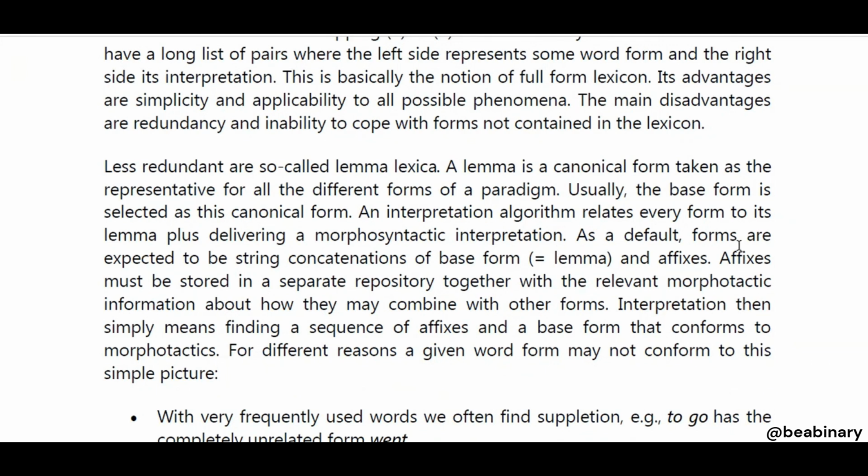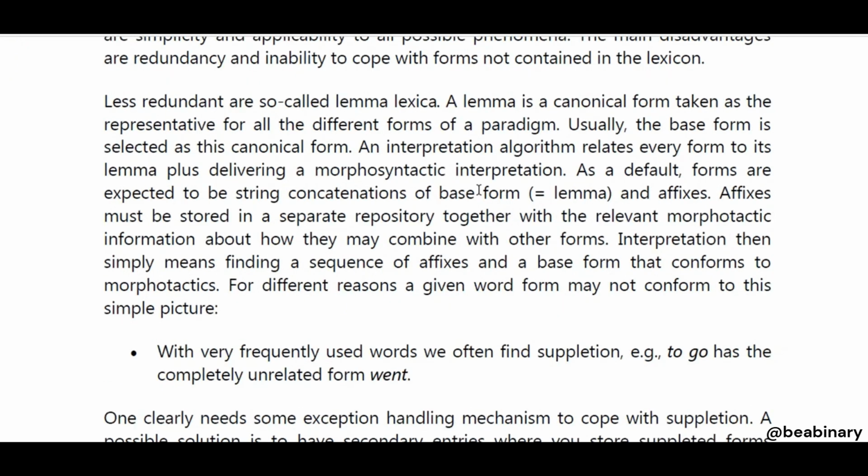So the forms, by default, are expected to be a string concatenating the stem, some equal to lemma, and then the suffix. That suffix must be stored in a separate repository together with relevant morphosyntactic information about how they may combine with other forms.